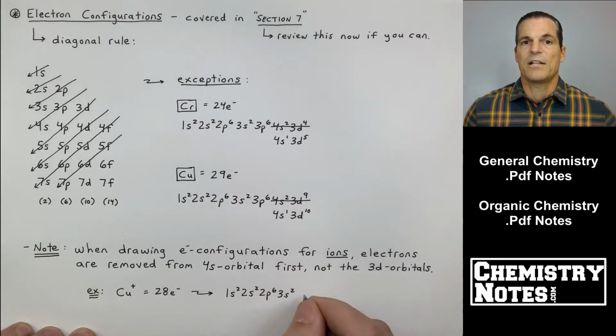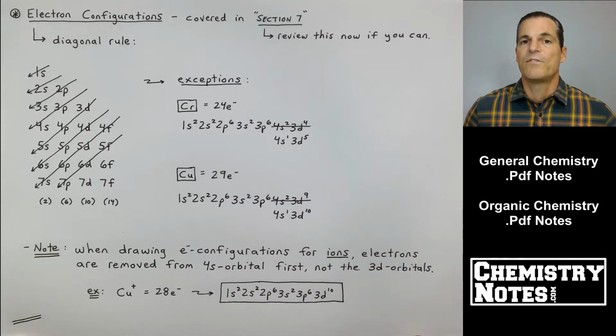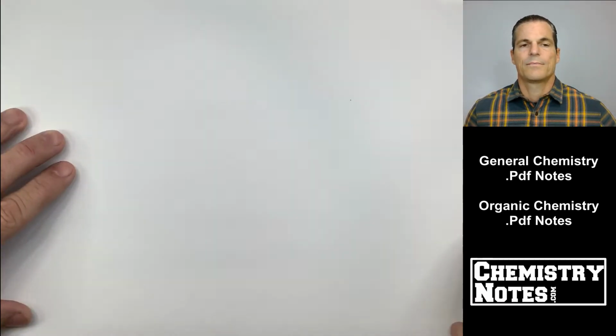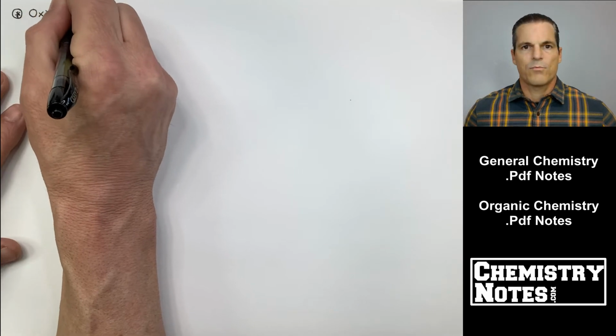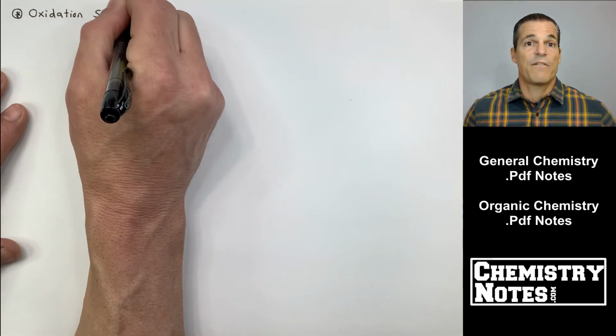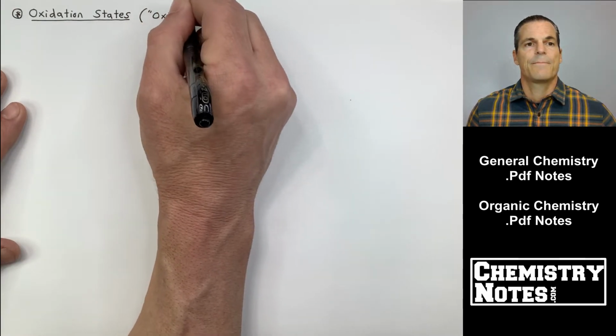That would mean 28 electrons. 1s2, 2s2, 2p6, 3s2, 3p6, 3d10. I put a box around that answer. I removed the 4s1 electron. All right, so that's electron configurations. Just wanted to touch base on that. It's something we've covered already way back in section 7 in the first semester of general chemistry.